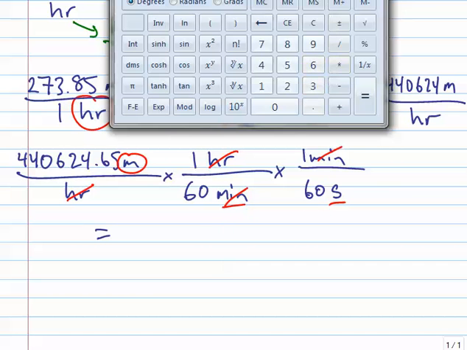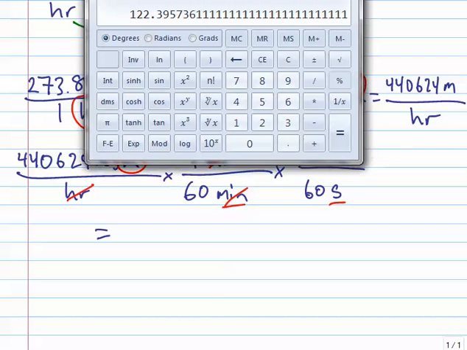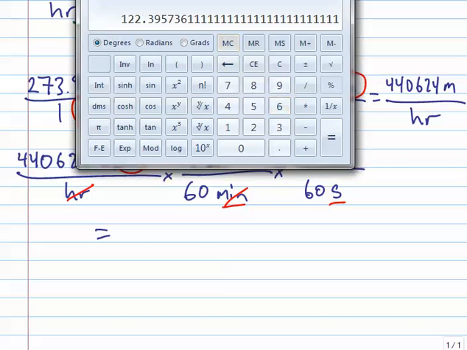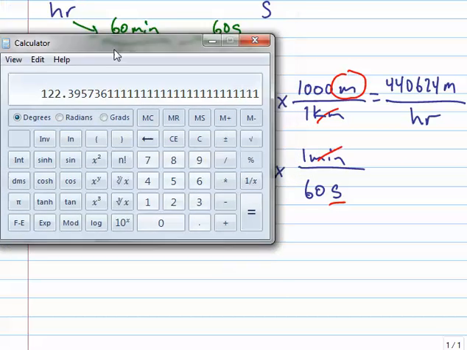So I will take this value and divide it by 60 once. That would give me meters per minute, and then to get to seconds, I divide it by 60 once again, and that will now be my meters per second.